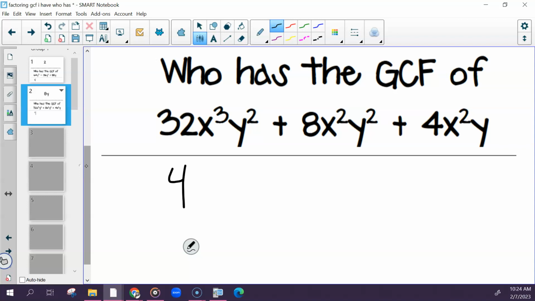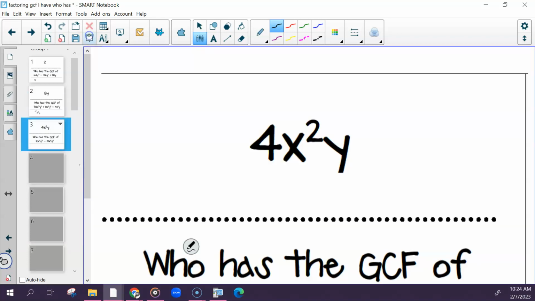Okay. So bring me yours. Alright, so x squared y, would x squared be the largest amount of x's we can have? Yes. What about 1y? Yes. So you are next. Go ahead and read your card.